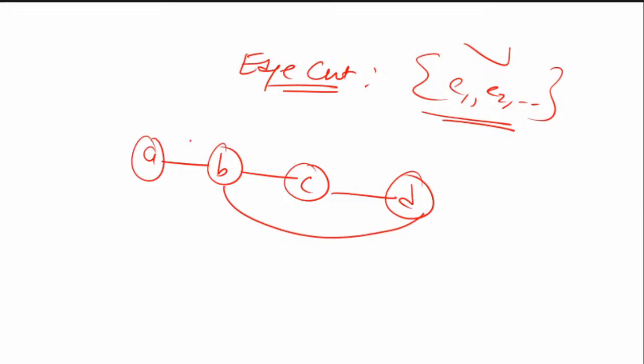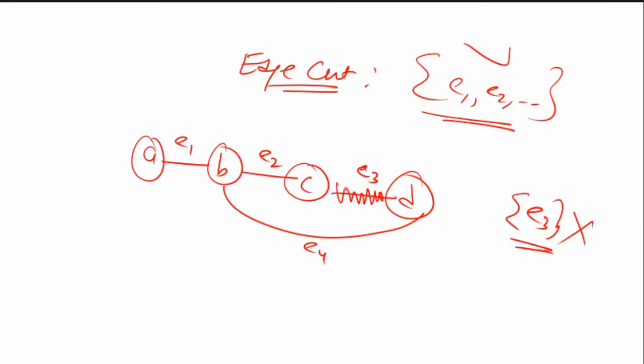Now in this graph, you can see this is edge E1, E2, E3. Let's assume this is edge E3 and this is edge E4. You can see that this edge E3 is not an edge cut, because if I remove this E3, you can see the number of components is still the same.